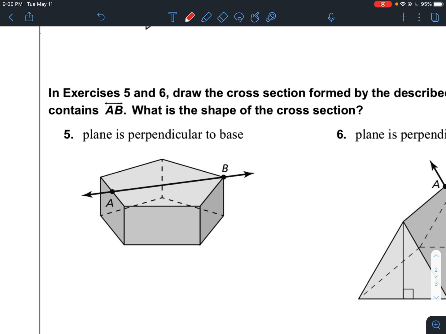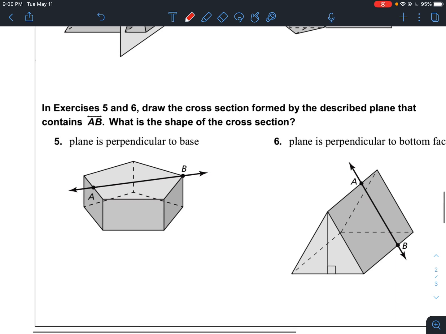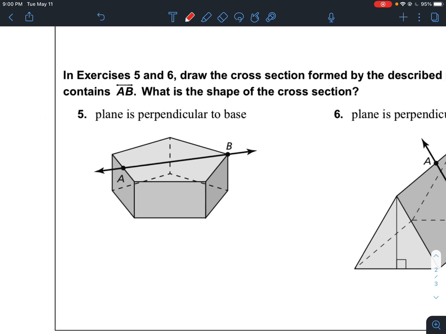So the plane is perpendicular to the base, so this is the base right here, the pentagon, and we want to draw the cross section formed by this line. So the intersections are right here. I think it should cut down like that.